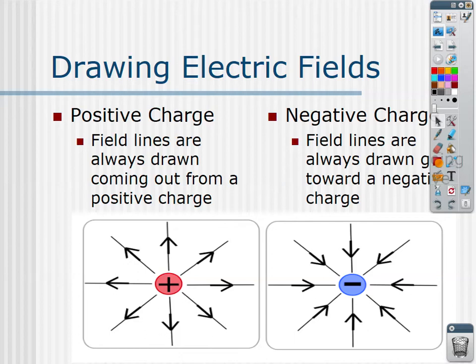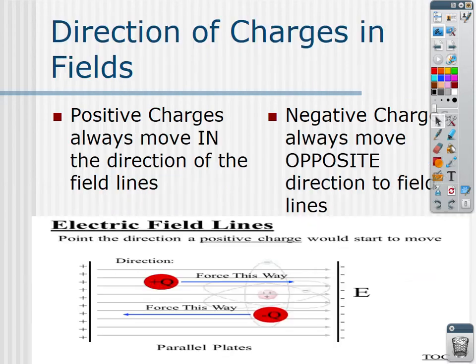We can already see why positive is attracted to negative. The field from the positive is pointing away from it, while the field lines point toward the negative charge, so negative is attracting that positive field, and therefore they will come together. This is the general way to draw it: positive away, negative toward.